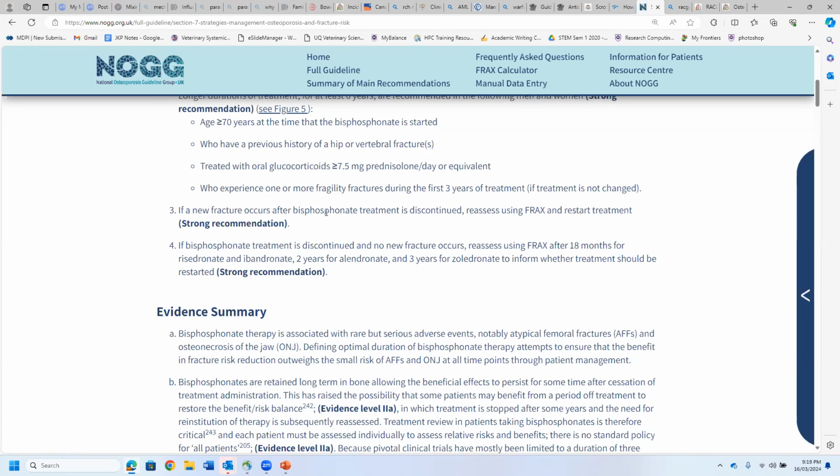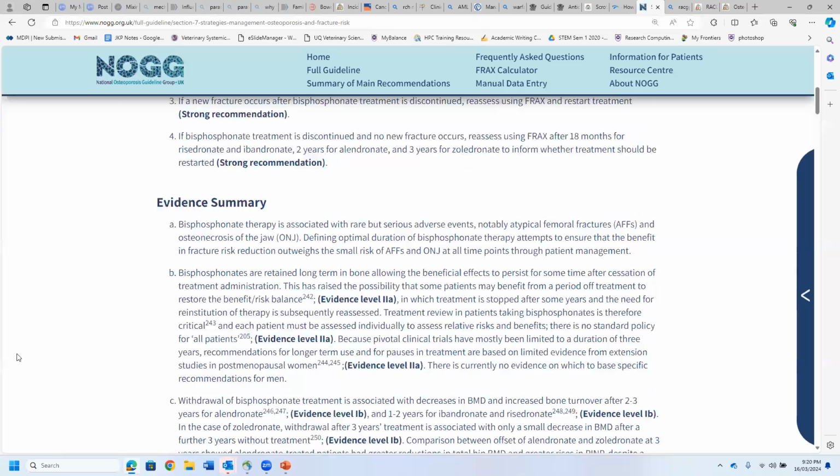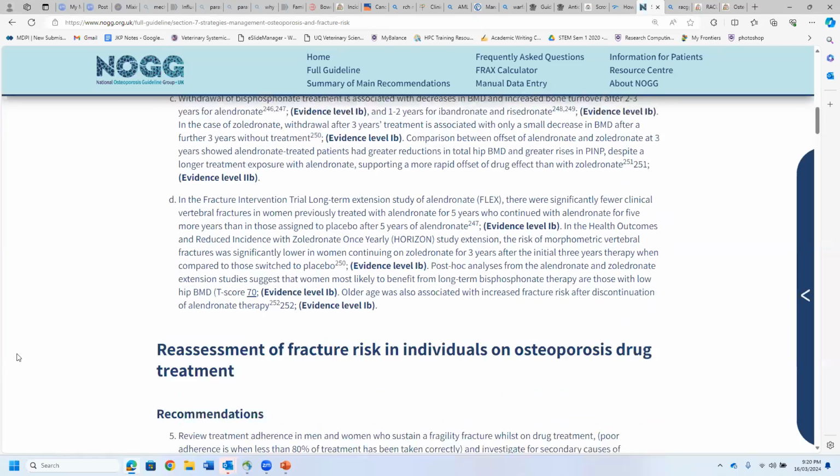But still bisphosphonate is the first and second line drug. If bisphosphonate is discontinued and no fractures occur, then we reassess the patient with a DEXA scan after 18 months. And if the patient has a normal score, then we just reassess the patient. You don't need to start it again. Okay.